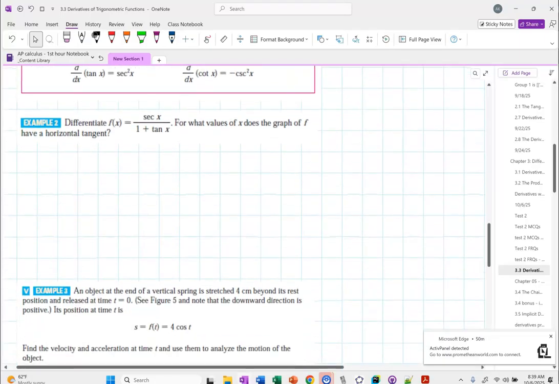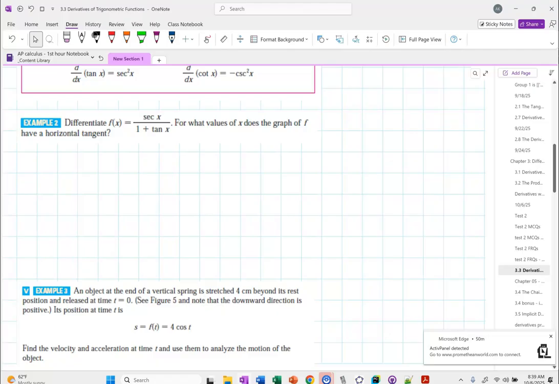All right. Let's look at this next example. It says differentiate secant x over 1 plus tangent x. For what values of x does the graph of f have a horizontal tangent? So it's a 2-part question, right? First, I need to find the derivative.